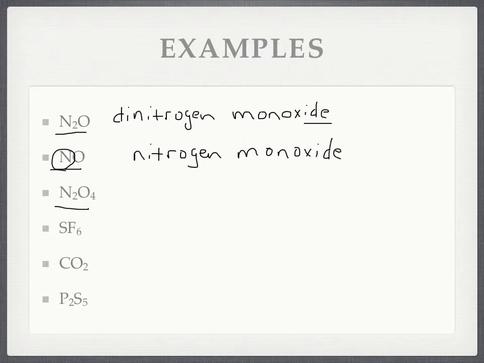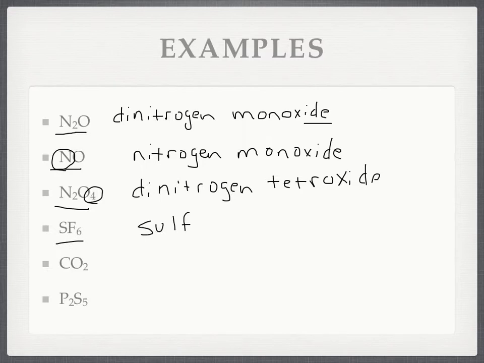The next one, we've got 2 nitrogen, so once again we're back to dinitrogen. We need a prefix meaning 4. That's tetra. Okay, tetroxide. The next one is sulfur. Since it's mono, we don't have to write it, it's just sulfur. Then we need a prefix meaning 6, and that's hexa.